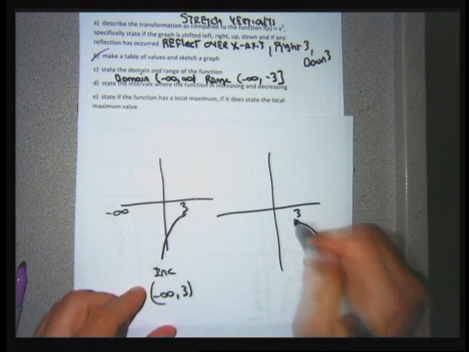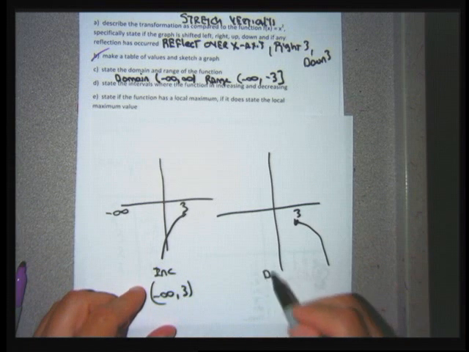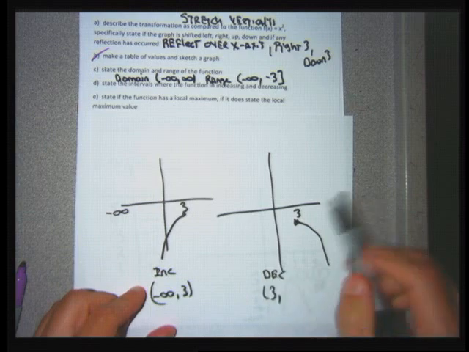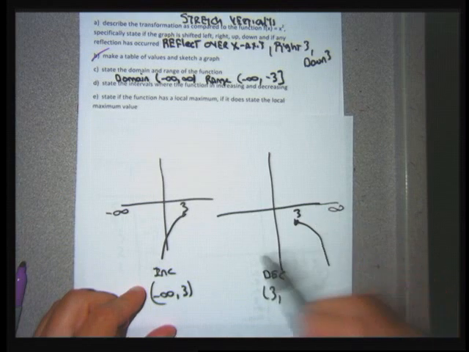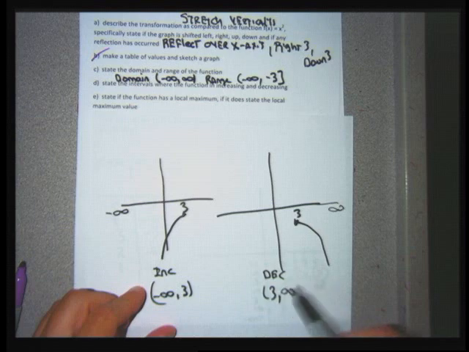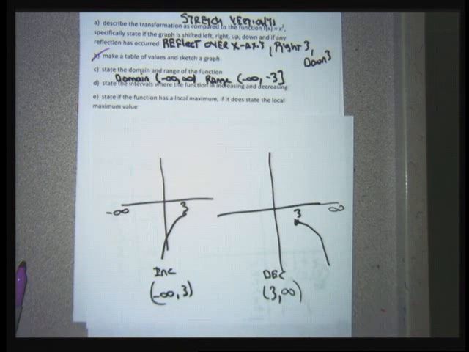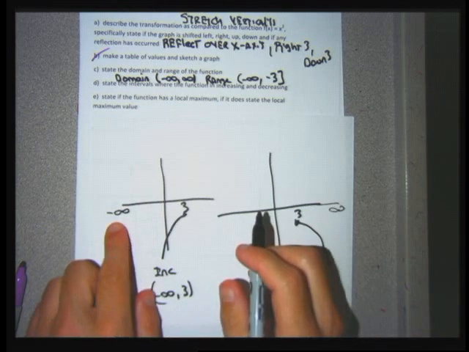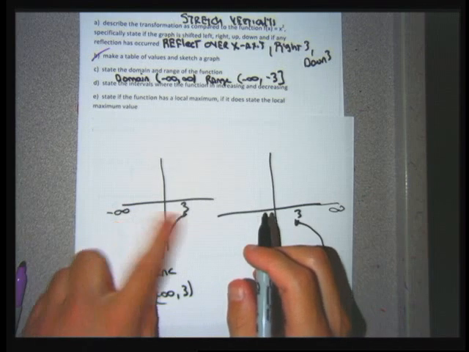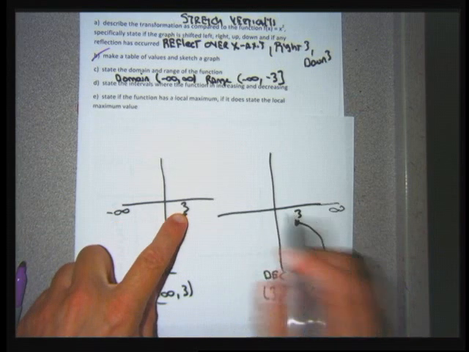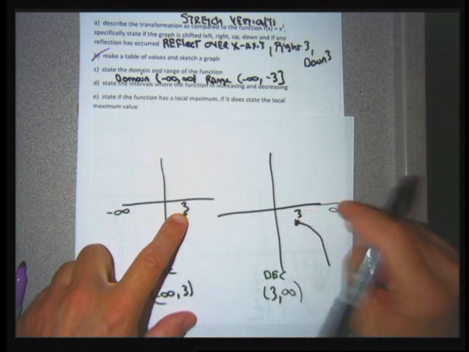And then at 3 on the x-axis, the graph turns around, and from 3 all the way to the right edge of the x-axis, to infinity, it's decreasing. So I'm going to say it's increasing from negative infinity to 3 on the x-axis, and it's decreasing from 3 on the x-axis to infinity.